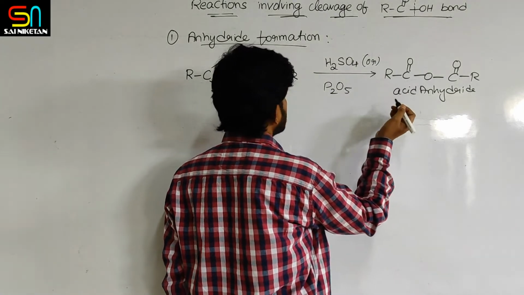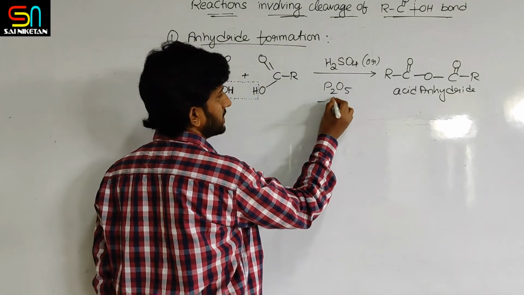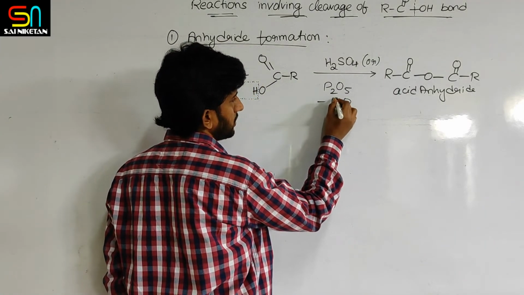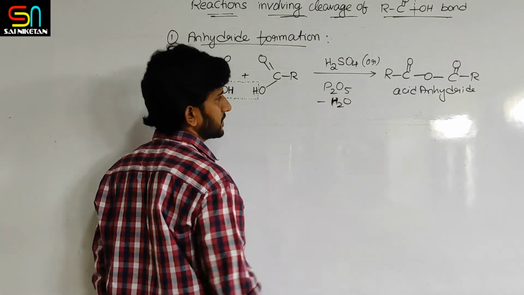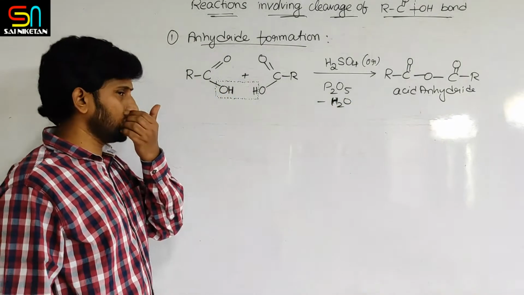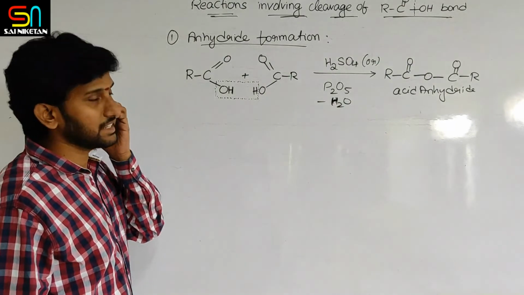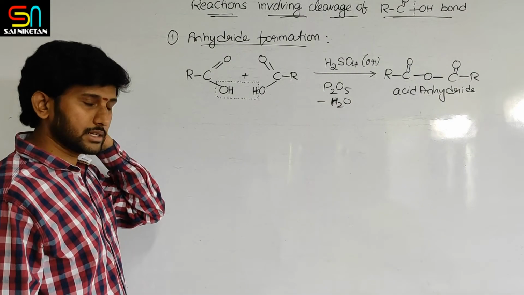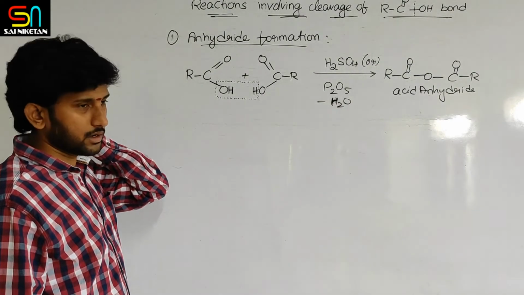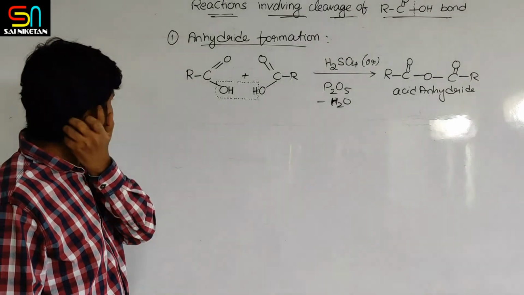Okay, so water is removed, so I will write here minus H2O. P2O5 is the dehydrating agent. The dehydration reaction is carried out by concentrated sulfuric acid also, or P2O5 also, that everyone knows, right?